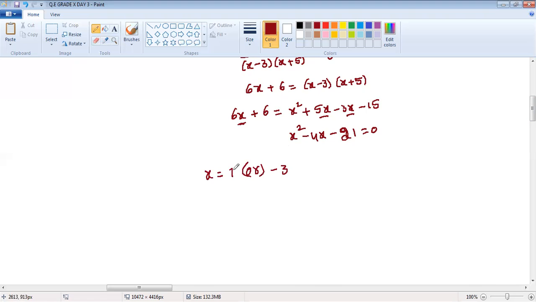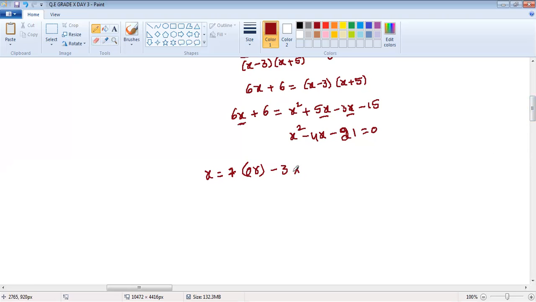So which is the answer? 7 or minus 3? Sir, 7. Why can minus 3 not be taken? Sir, because we don't say that my age is minus 3. We can't take an age as negative.